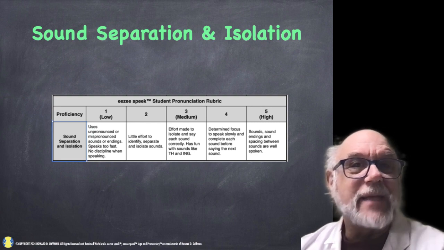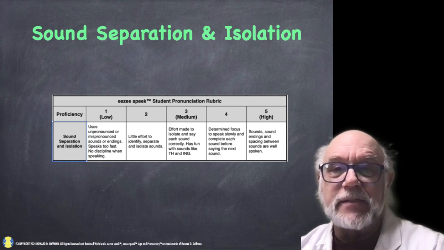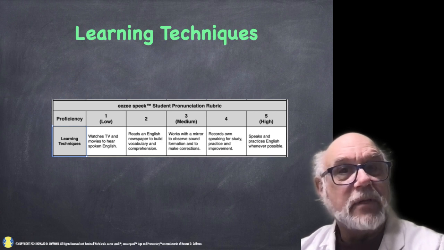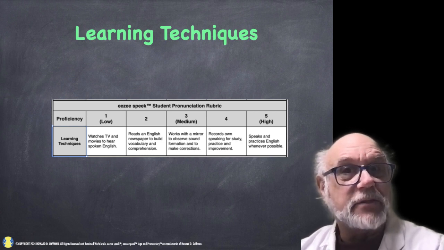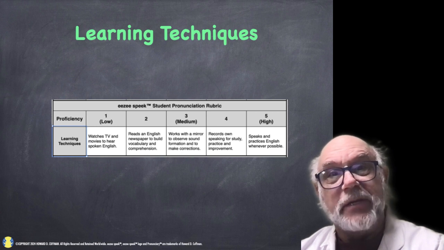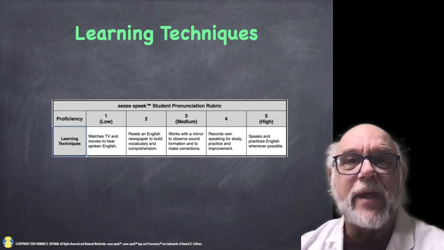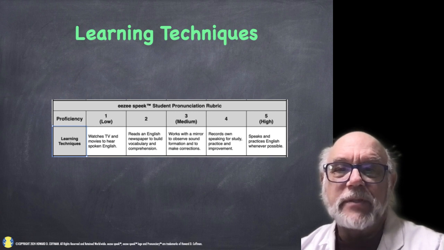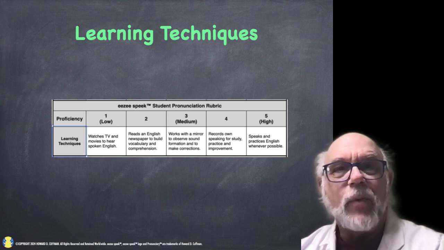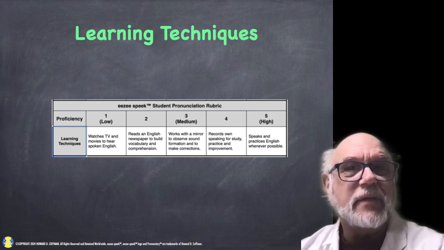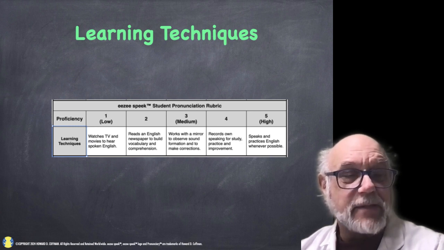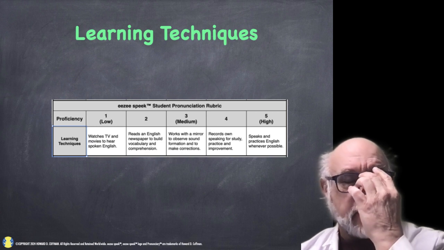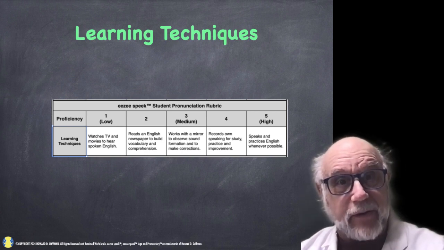As far as the next category, learning techniques. A lot of people watch television to learn and practice English. And that's actually a reasonable strategy. However, I'm going to tell you that watching TV and movies isn't always the best, especially if you're using the subtitles that are there.